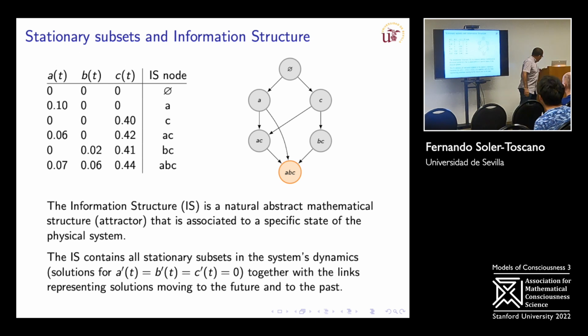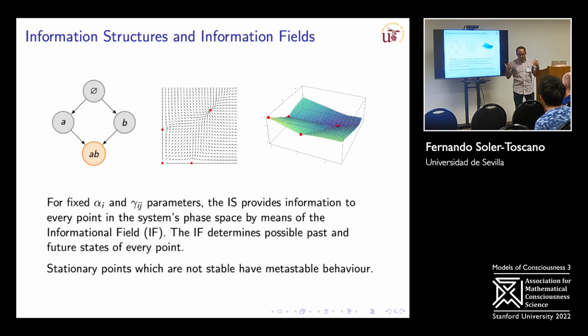We call it an information structure because it provides information to every point in the phase space of the system. This is a simple information structure with 4 nodes.